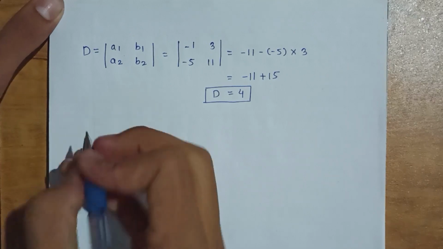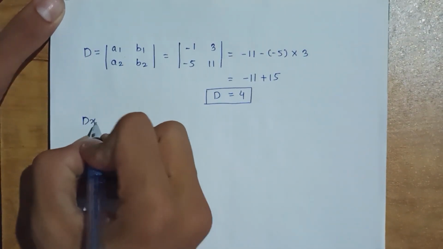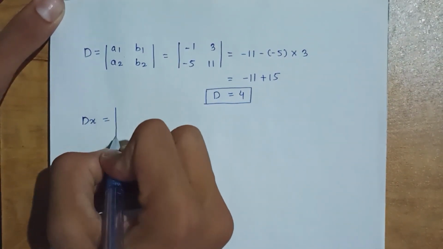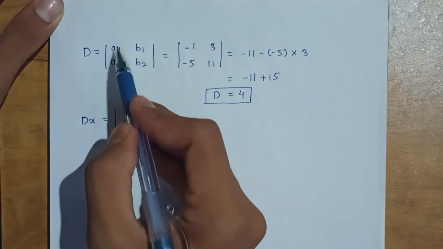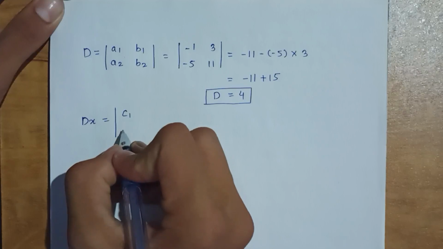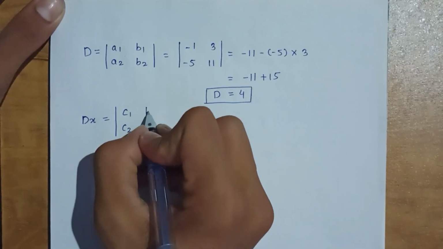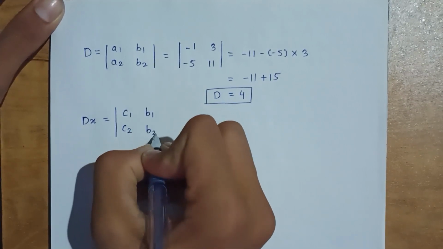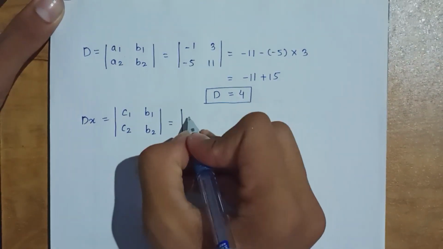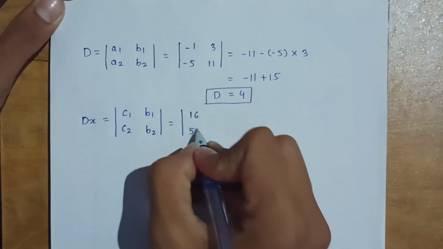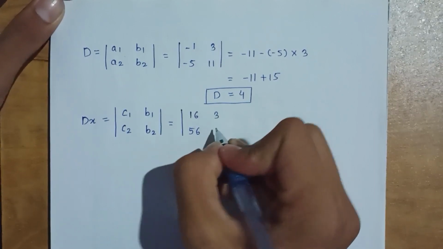Now we will solve the value for dx. To get dx we have the formula. We will substitute c1 and c2 in the place of a1 and a2, and b1 and b2 will be as it is. Now we will substitute these values. So we will get 16, 56, 3 and 11.